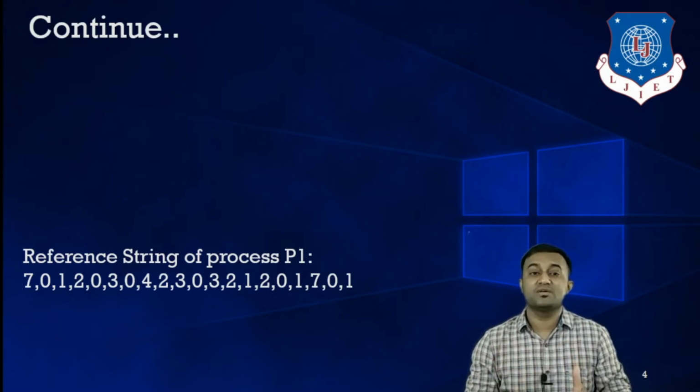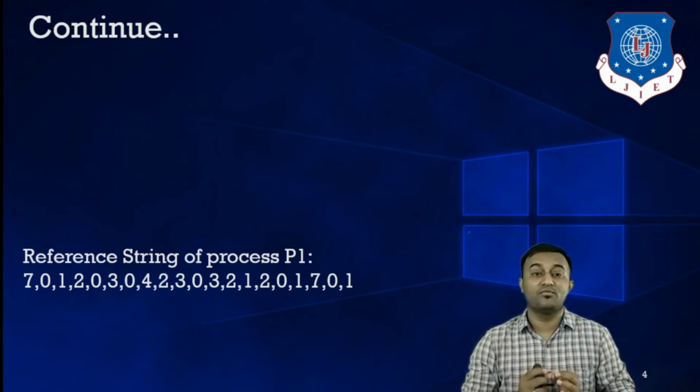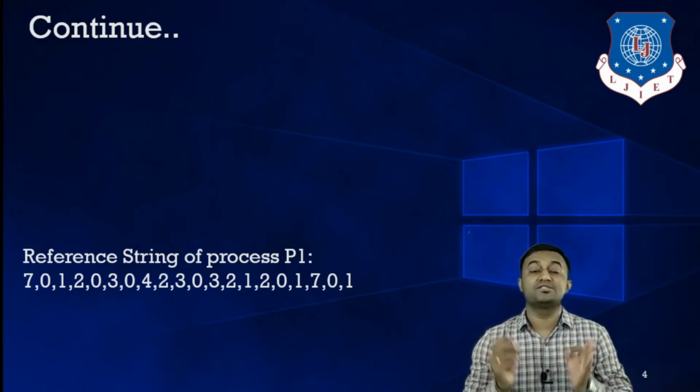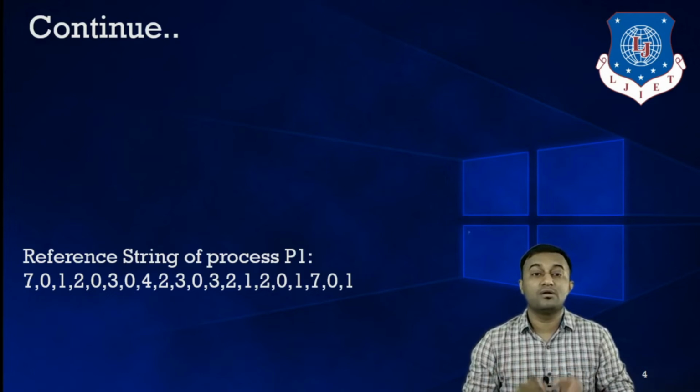These page numbers are right now located in secondary memory, and if the CPU demands this set of pages, they need to be in main memory; only then can the CPU execute this process with the help of these page numbers.